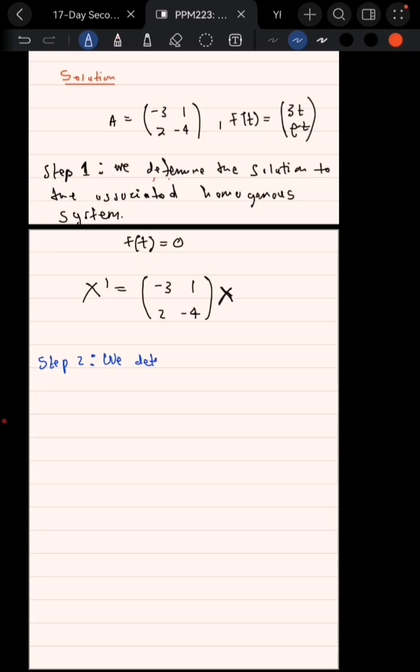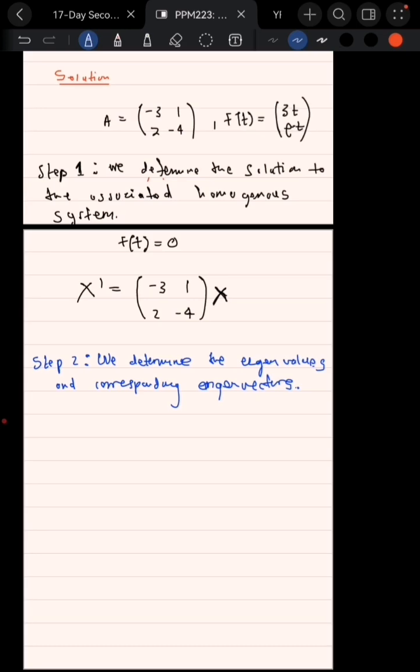We determine the eigenvalues and corresponding eigenvectors. Therefore, we are going to determine the determinant of the characteristic equation so that we can find the eigenvalues.